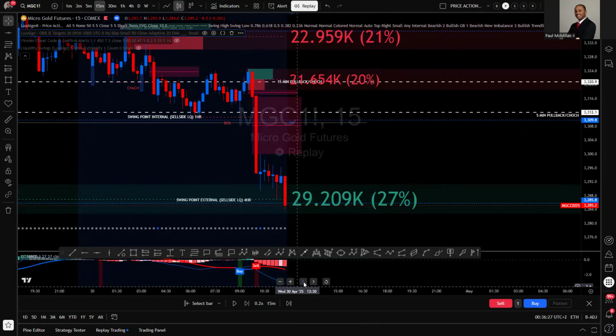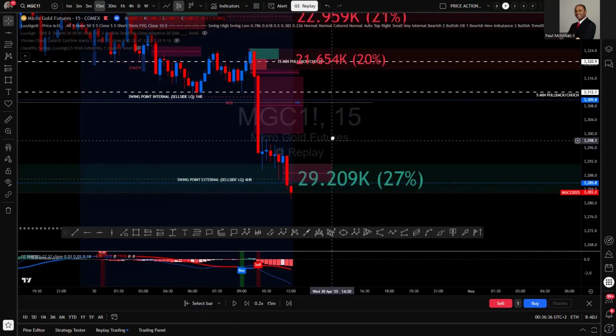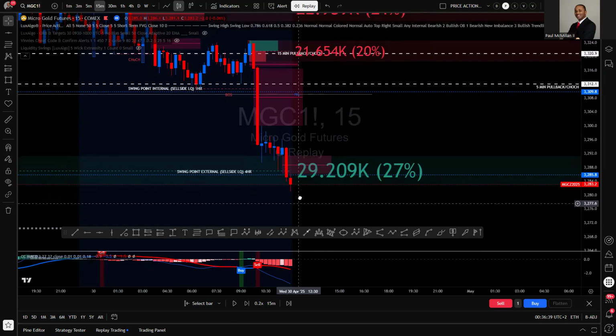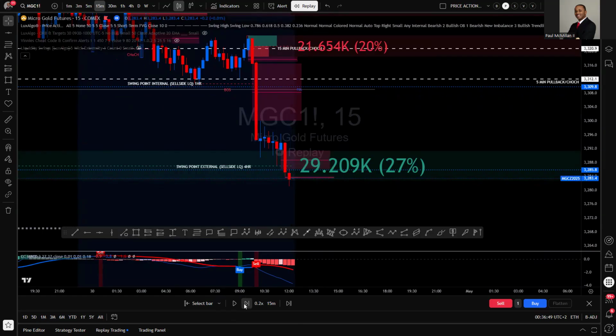Let's go ahead and see price from here. So we have some strength here. Now price is technically trading into it here. If they come back down, we'll see if they can put the time to go.